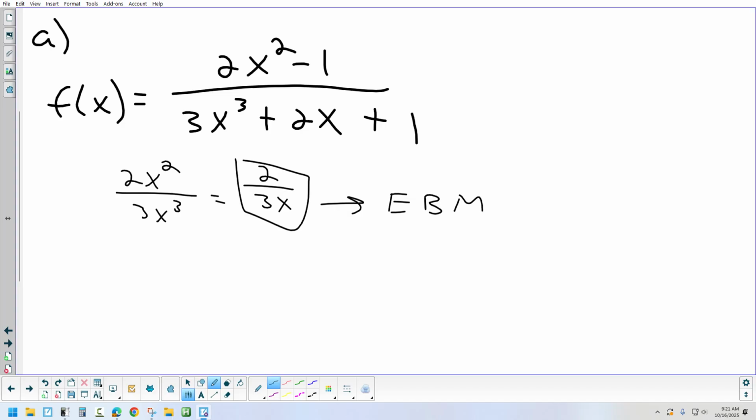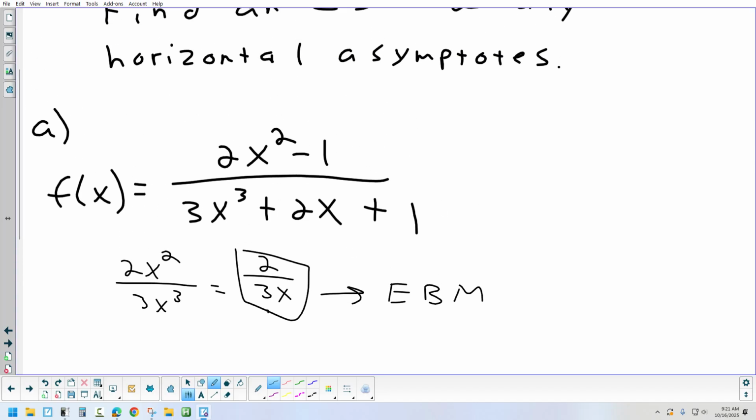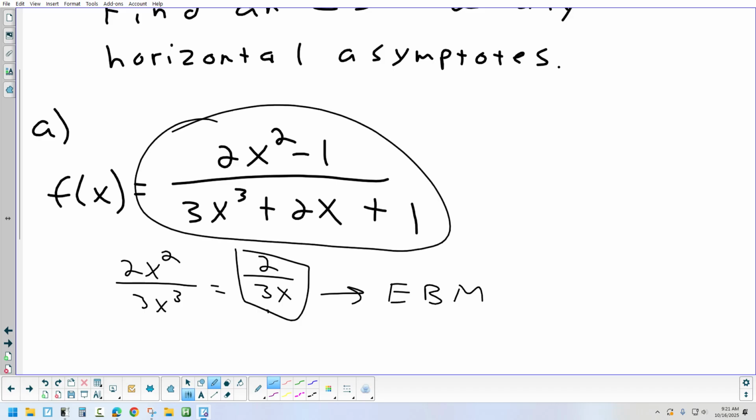So now, if you want to figure out your horizontal asymptote, you have a very simple expression to look at. You no longer have to look at all of this to figure out your horizontal asymptote. Normally I'd say you let x approach infinity and then tell me what's going to happen. Well, if you look at this fraction and you don't do the EBM, watch what happens. What happens in the numerator as x approaches infinity? What does this approach as x gets bigger and bigger?